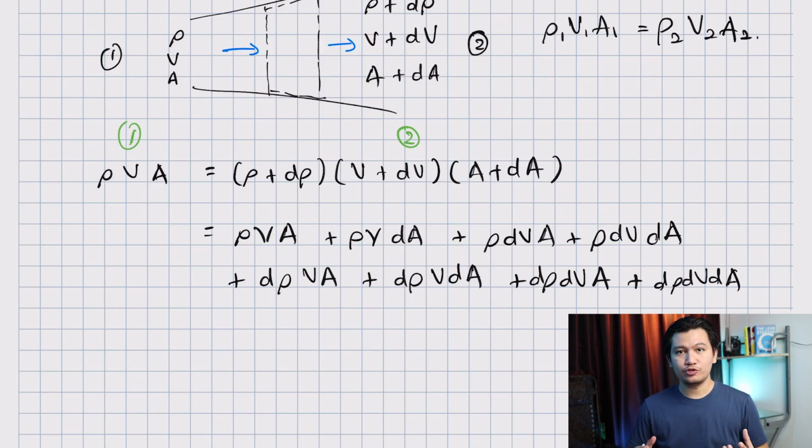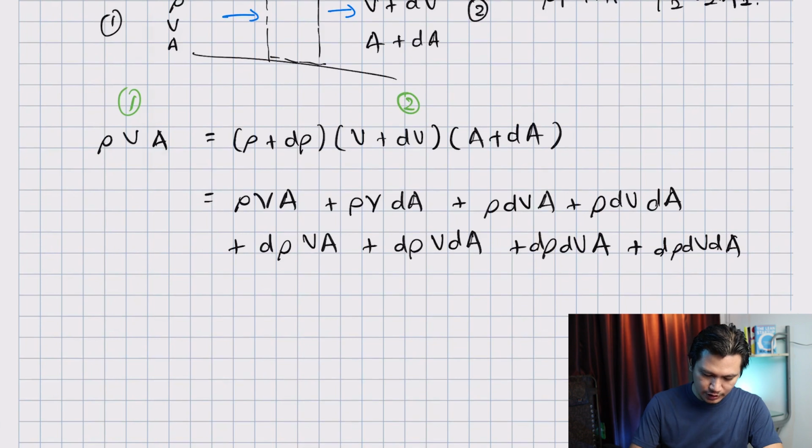As usual, if you have two changes, like dv times dA, you're going to cancel it out because the multiplication result of these two d's will be very small that you can neglect it. So you'll end up with a few terms: this cannot be cancelled, this is staying, this can be cancelled, and these others can also be cancelled.